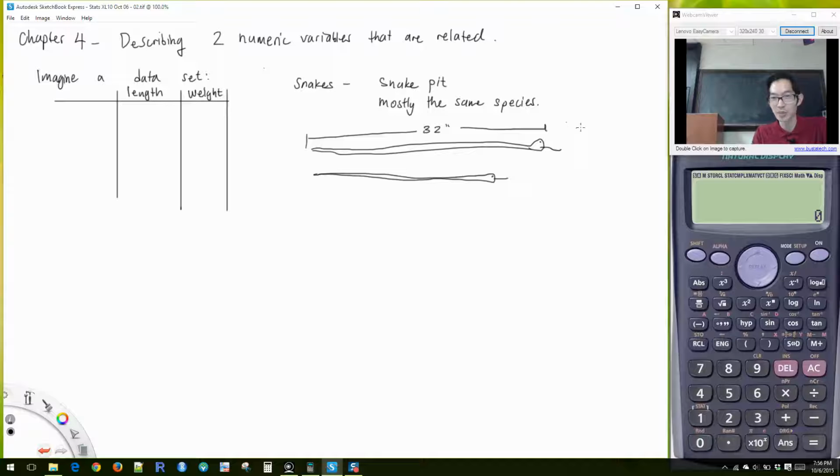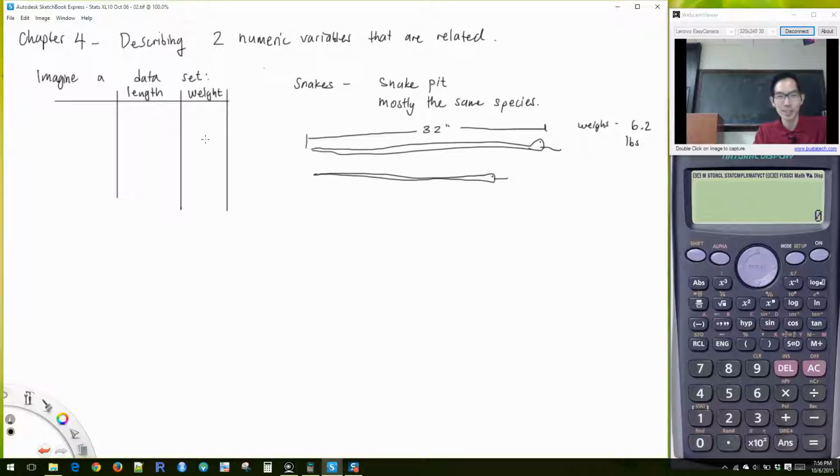And how much does this guy weigh? We'll say 6.2 pounds. I have no idea. I'm just making this stuff up. It probably weighs more than that. But whatever.